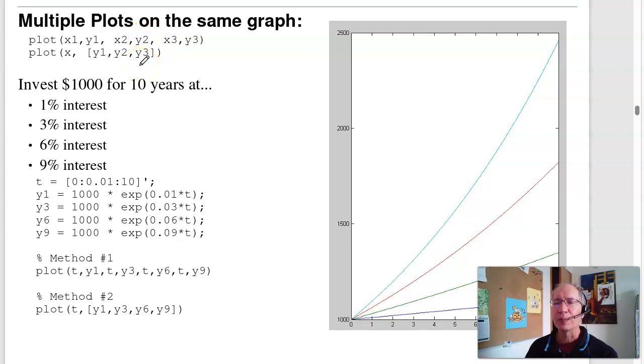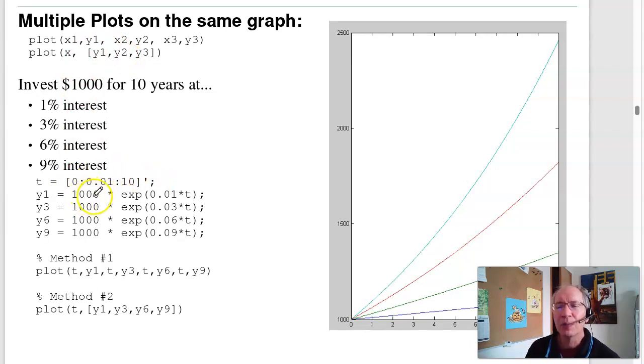For example, suppose I invest $1,000 or deposit $1,000 in the bank and I collect 1%, 3%, 6%, or 9% interest. How much will that be worth after 0 to 10 years? Well, to determine that, I can have time go between 0 and 10 years, steps of 0.01, column matrix.